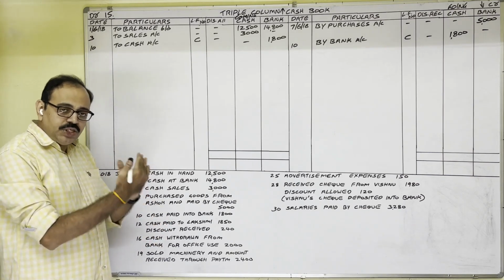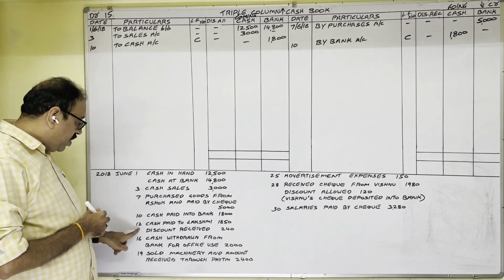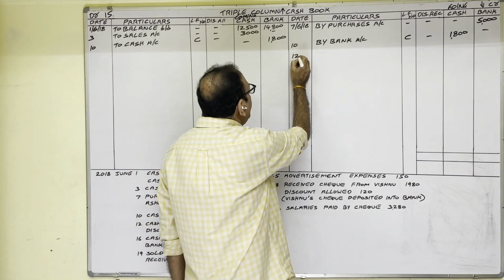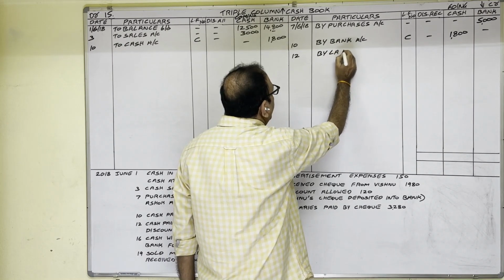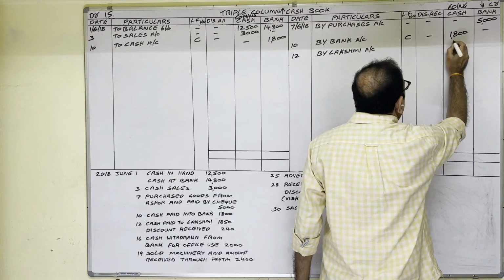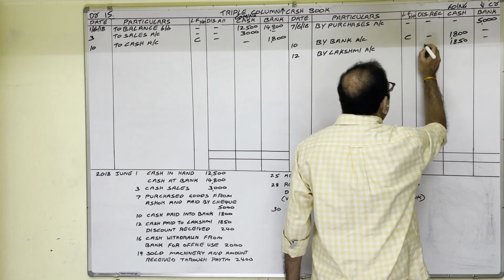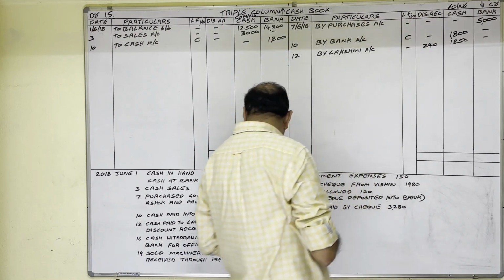From the firm, cash is going. When cash is going, credit side, cash column 12th date 1,850. To whom we paid? To Lakshmi. Write down her name. By Lakshmi account. In cash column 1,850. Discount received is also there, no? In discount column, write down that 240 rupees.